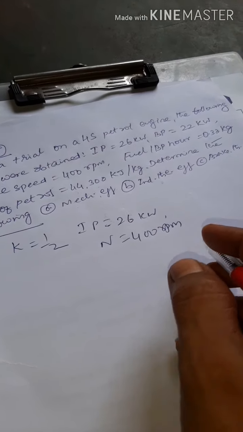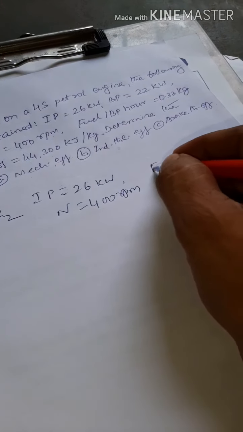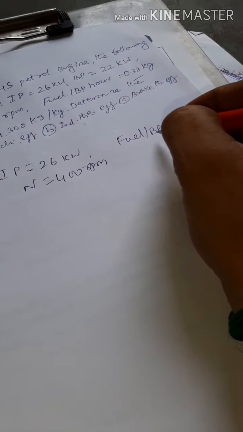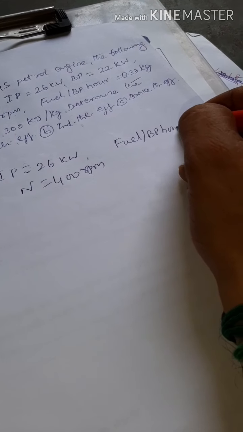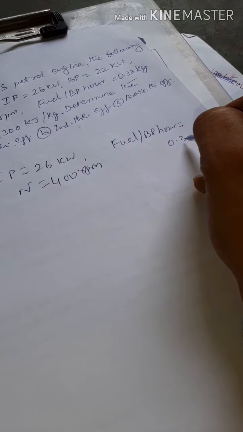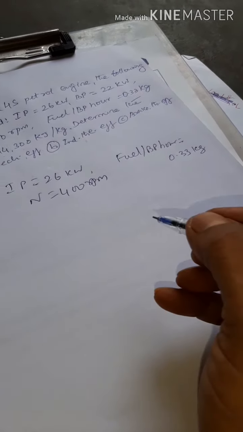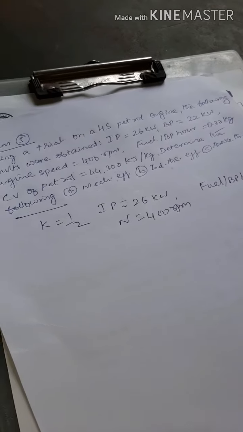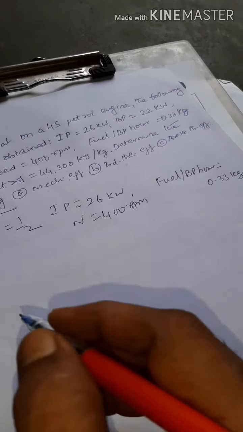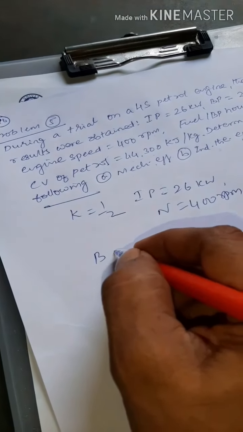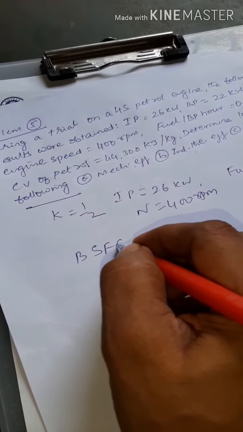Fuel per brake power is 0.33 kilograms per kilowatt hour. Okay. Next BSFC, we know that BSFC, that is brake specific fuel consumption.